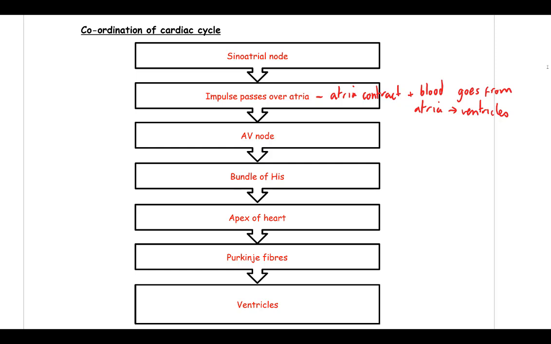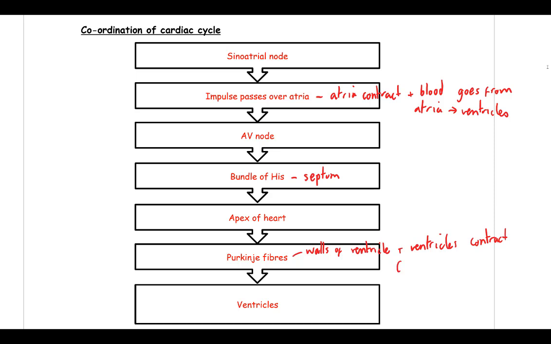Remember, it has to go there because it can't get through the layer of non-conductive tissue. It travels down the bundle of His, which is in the septum, goes to the apex of the heart, and then travels through the Purkinje fibres, which are in the walls of the ventricle, and the ventricles contract, and the blood gets forced upwards towards the arteries.